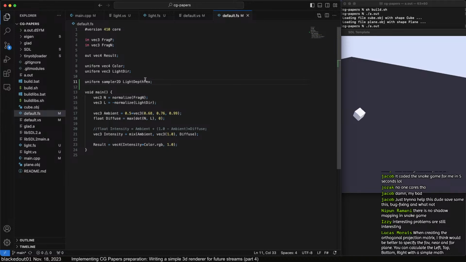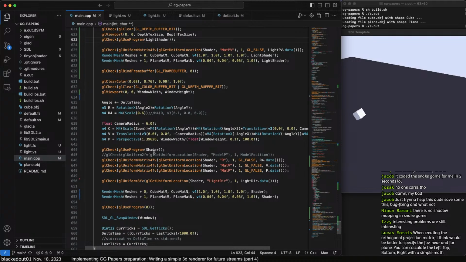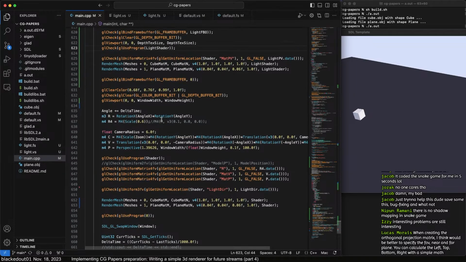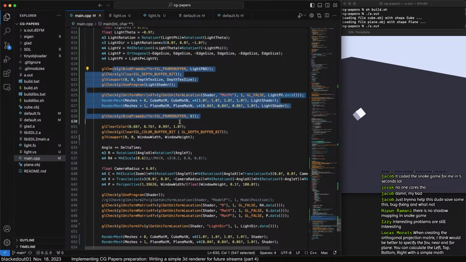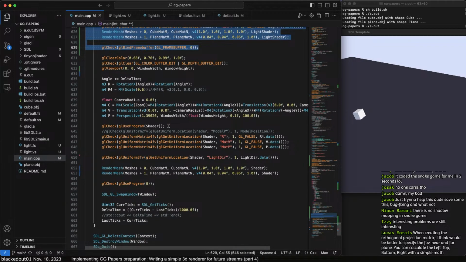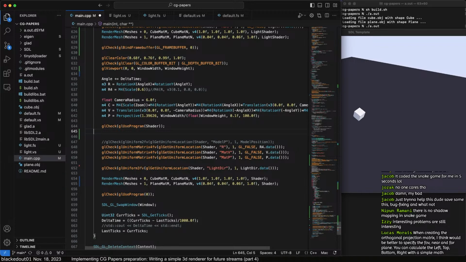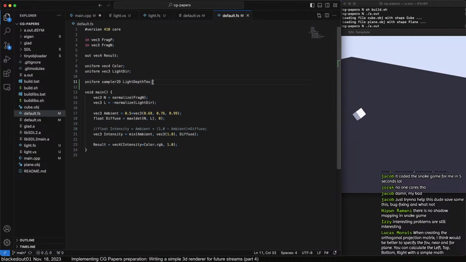And yeah, now we need to bind the texture. So like I said, we are done with the light space rendering. What we need to do now is bind the texture into the second step. So we can do this here, for example. And basically we want to bind a value to this variable here.